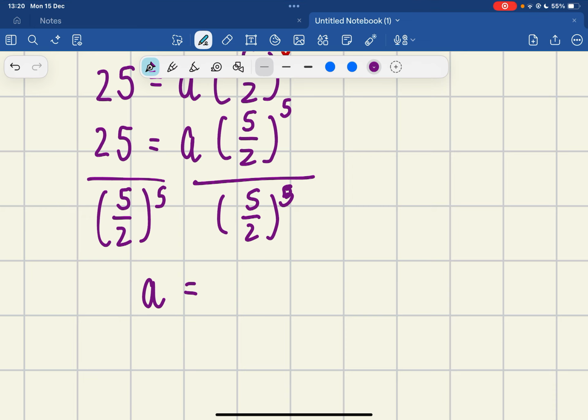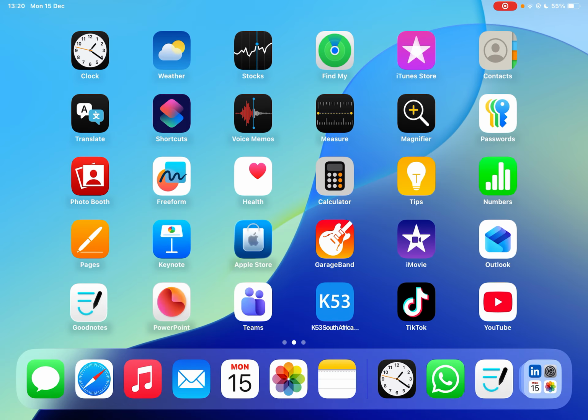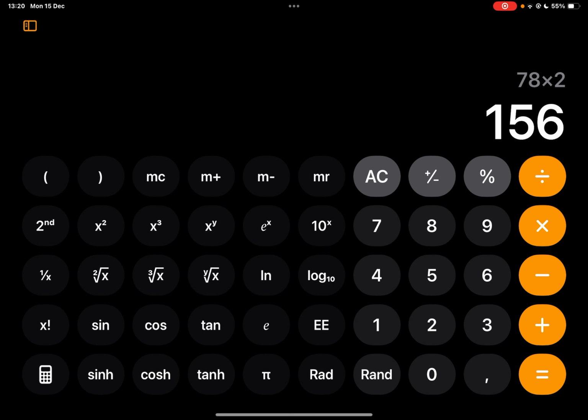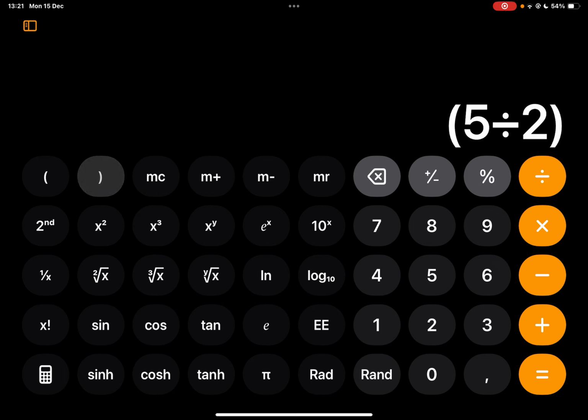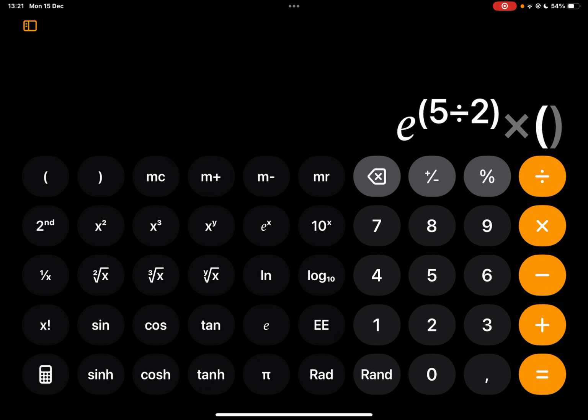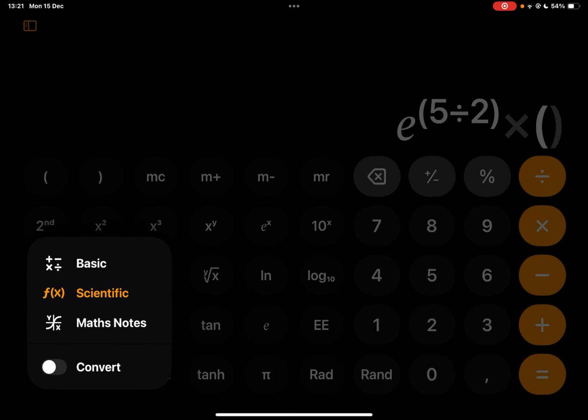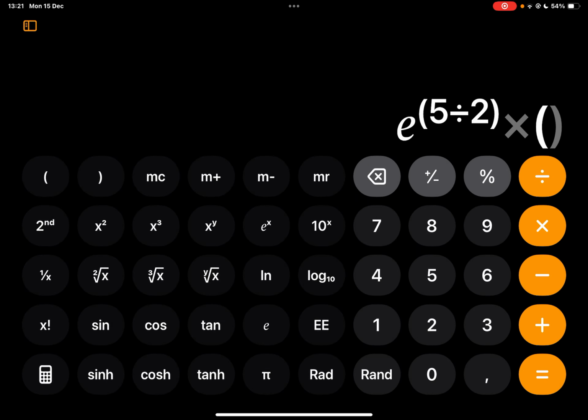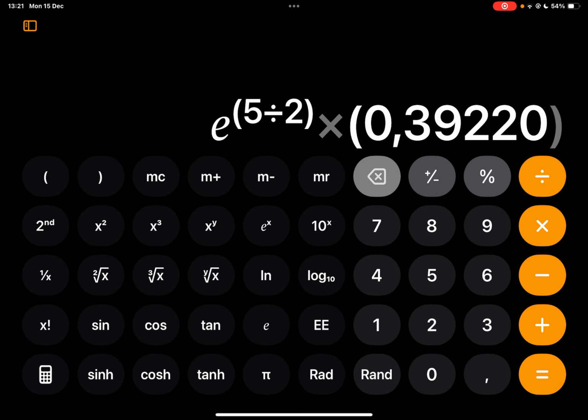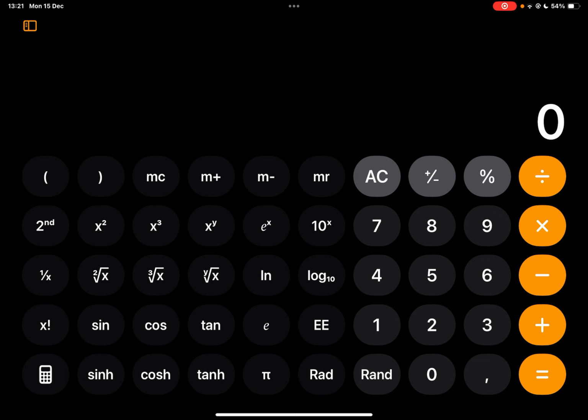1 second. Just going to go back to my calculator. 5 divided by 2, all to the power, excuse me, boys and girls, I need a scientific calculator, yeah? Okay, so we know that 5 over 2 is 2.5, right?